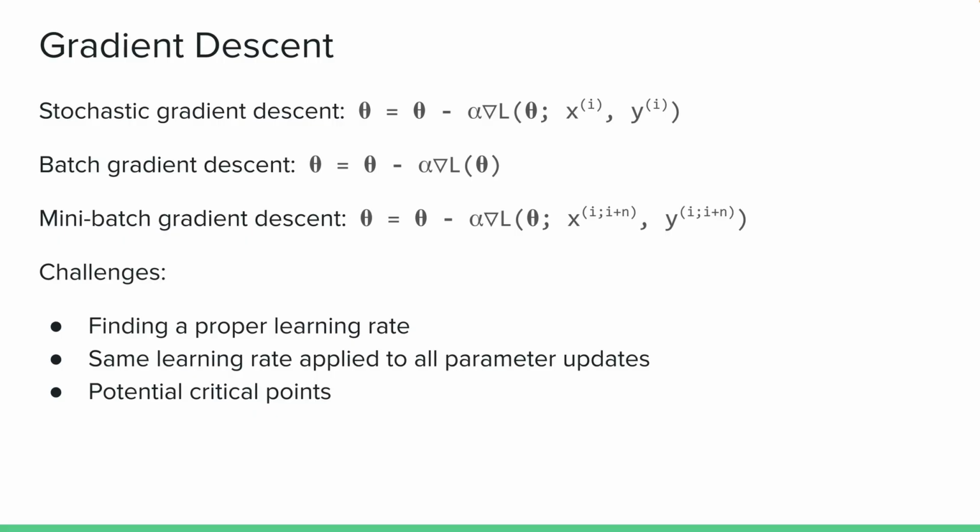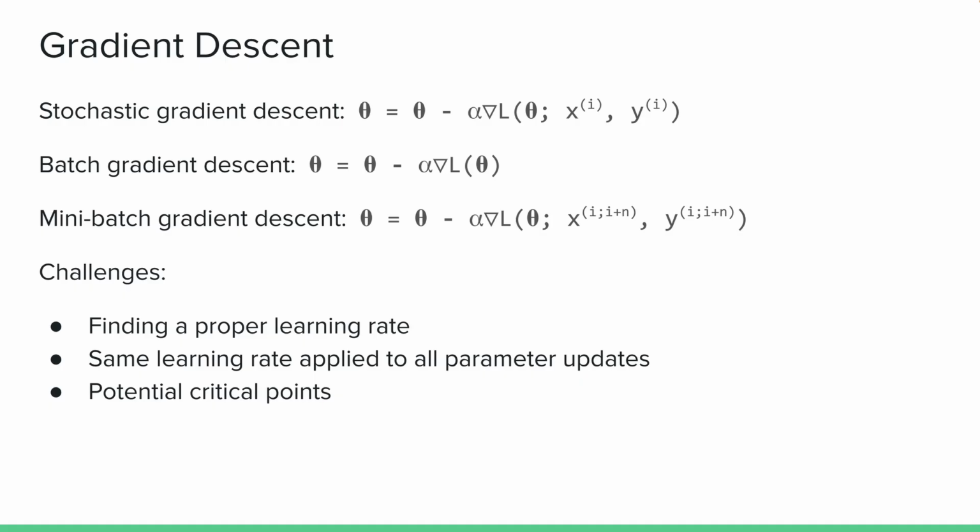There are a couple of terms that are usually used here. One is stochastic gradient descent, where we take a single example, compute the gradient, and then update our parameters theta with that gradient. Then there is batch gradient descent, where we calculate the gradient for our entire data set and then perform an update step. Both have downsides.